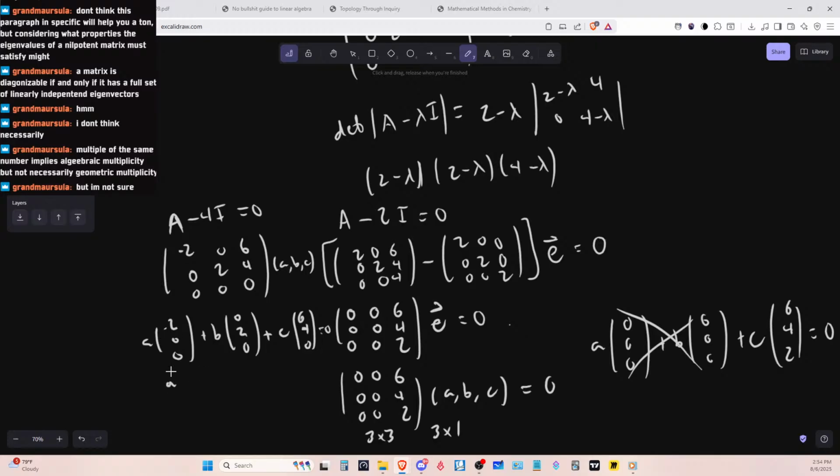So we have A plus 6C, and for the rest we have zeros at the bottom.